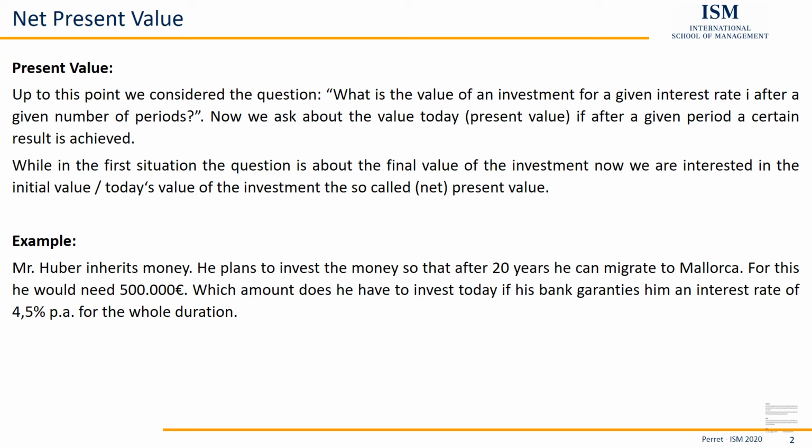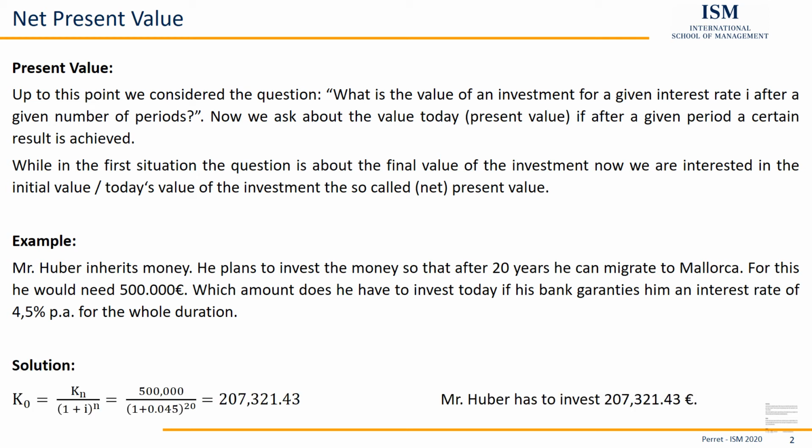So in this case, we basically have everything except the original investment value. So if we just take our formula for compound interest, we can simply switch the K0 and the Kn, which we did here, and insert the values we have.